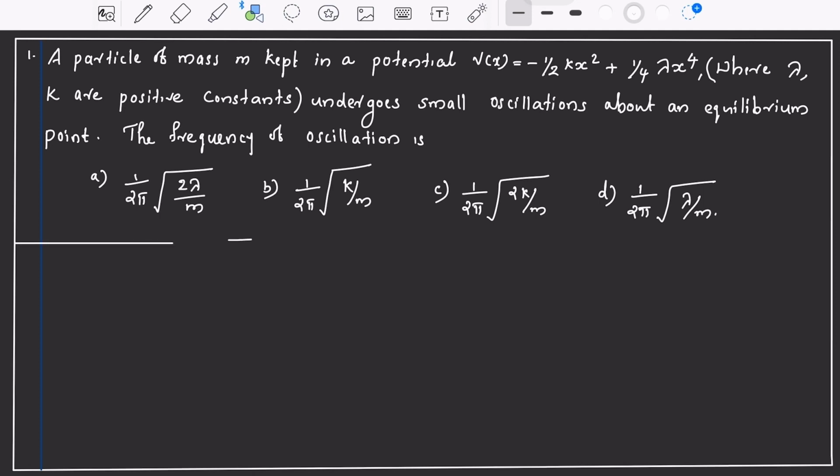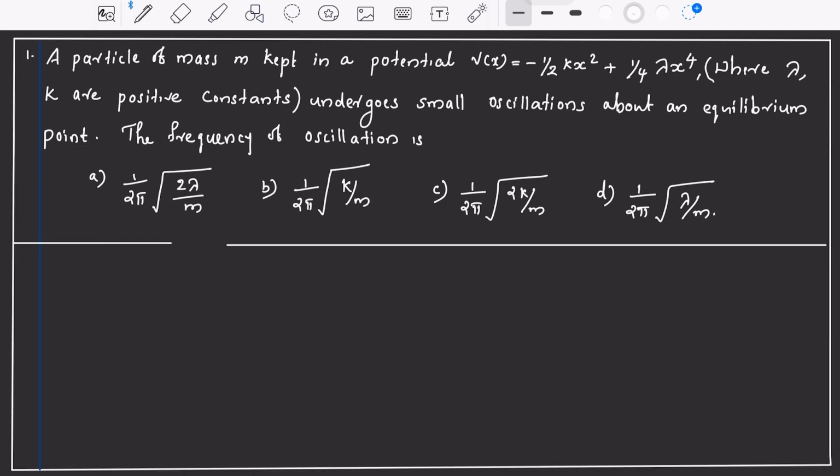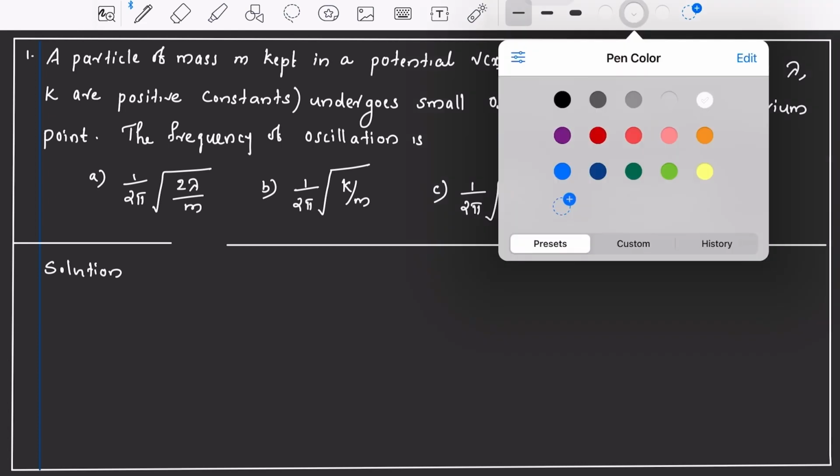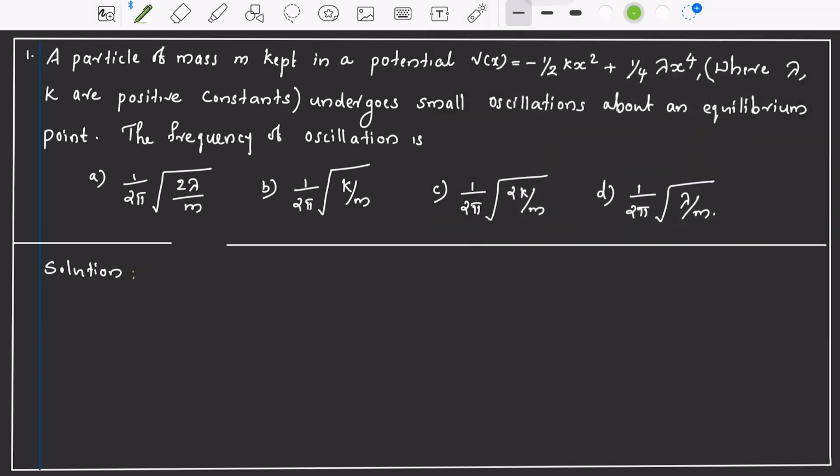We have to find out the frequency of oscillation. It is given that the potential V of x is equal to minus half kx square plus 1 by 4 lambda x raised to 4. The particle of mass m, which is kept in this potential, undergoes small oscillation about an equilibrium point.